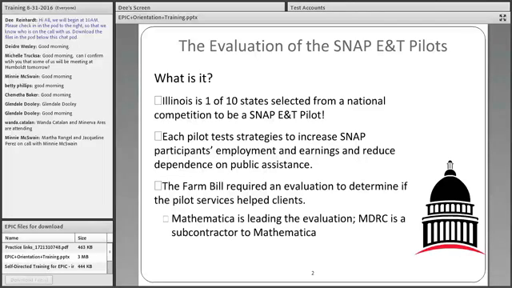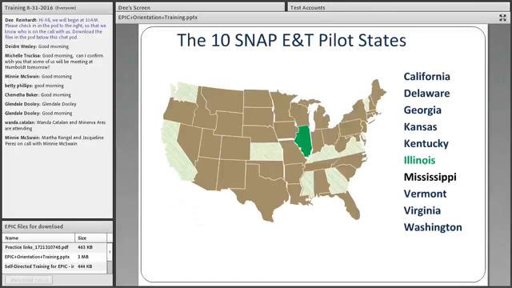The Farm Bill is requiring some evaluation on this process so that we can potentially move this forward across the state or across the country to help other SNAP recipients in other states. Here's a map of the states. You can see there's urban and rural and northeast, south, and west.